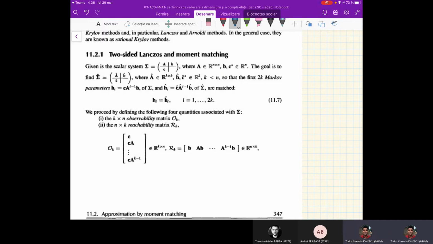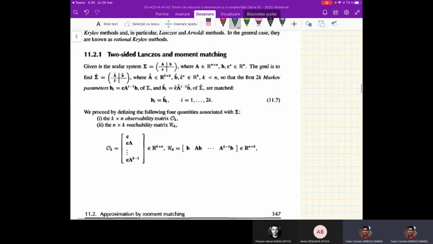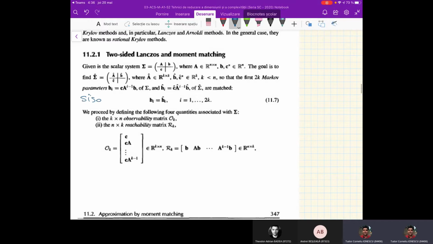All right. So given a scalar system A, B, this is scalar in the sense that we look first at the SISO case, single input, single output case, and then, of course, the results can easily be extended to the multiple input, multiple output case. You'll see how.